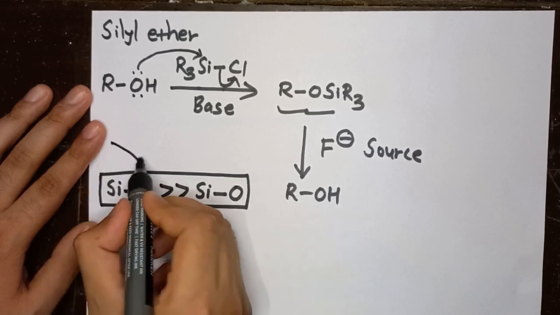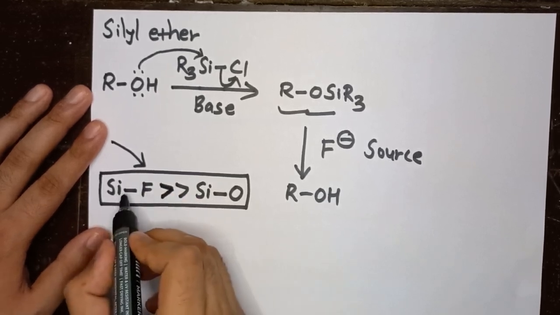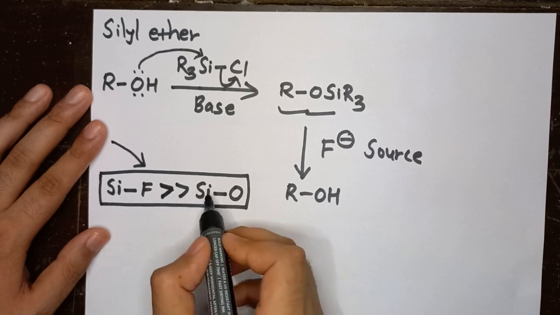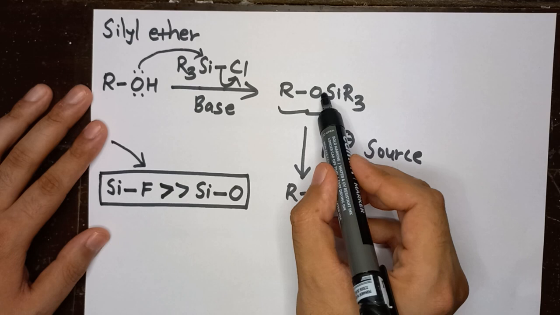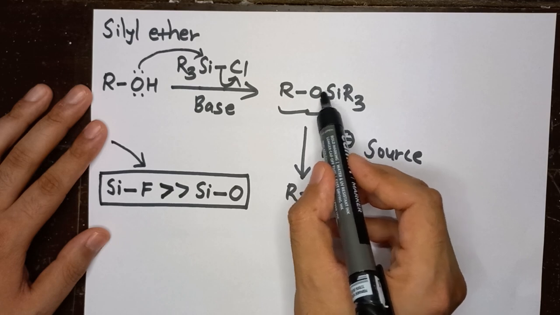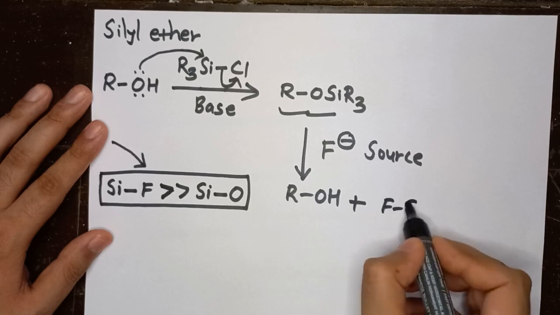So you need to know this, okay? Because the silicon fluorine bond is much stronger than the silicon oxygen bond, silicon is preferentially breaking the bond with oxygen and forming the byproduct, which is this one.